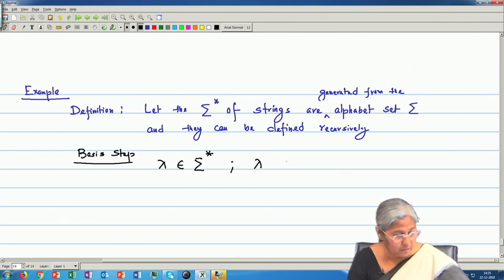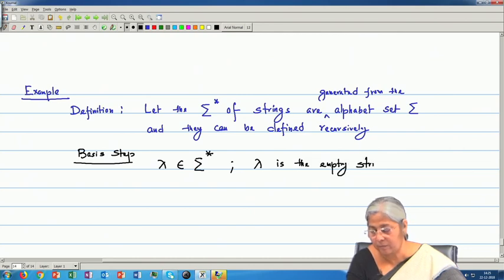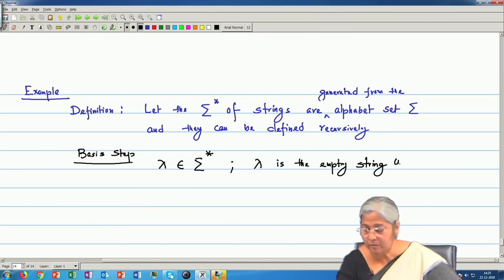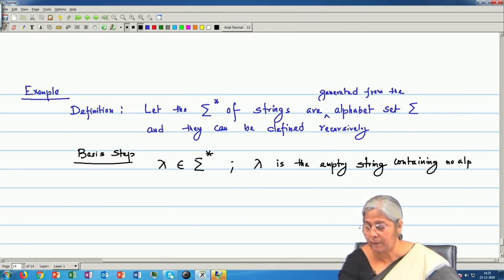Lambda is the empty string, containing no alphabet.